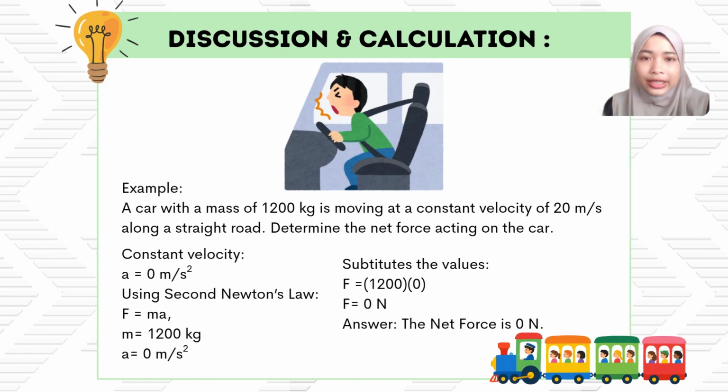For discussion and calculation, the example is a car with a mass of 1200 kg moving at a constant velocity of 20 meters per second along a straight road. Determine the net force acting on the car.